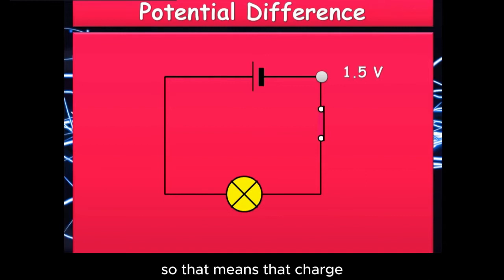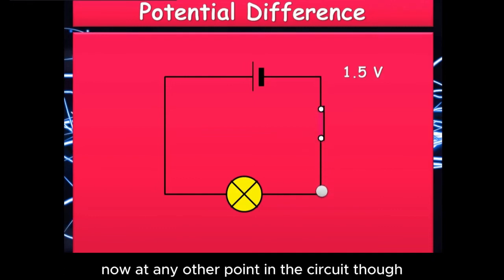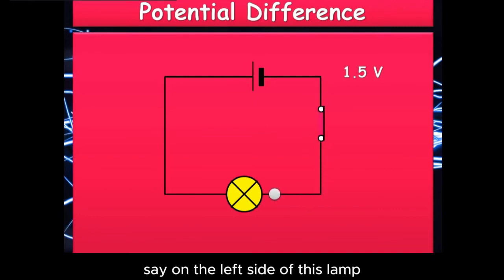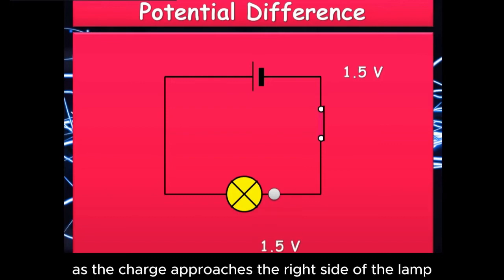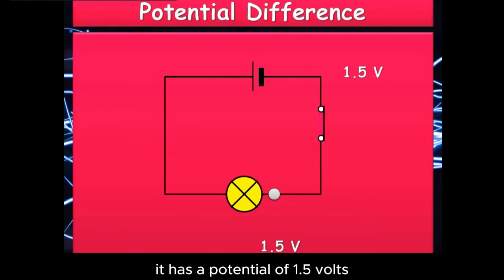So that means that charge, that electron at this point has 1.5 volts of potential. Now, at any other point in the circuit though, say on the left side of this lamp, on the right side of the lamp, as the charge approaches the right side of the lamp, it has a potential of 1.5 volts, or it has an energy of 1.5 joules.